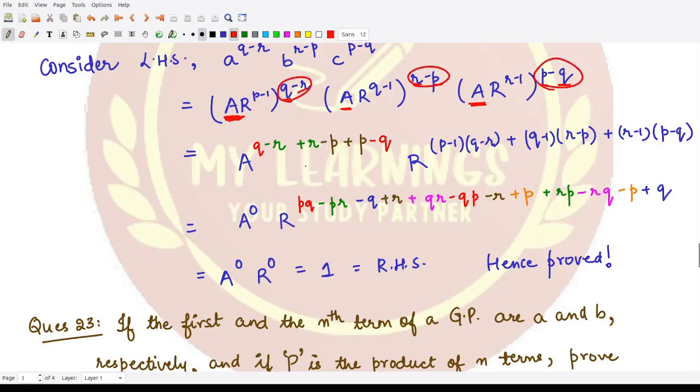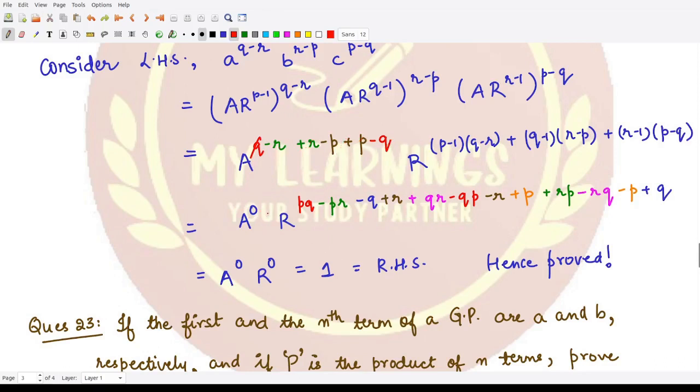So that you would have A raised to power q minus r plus r minus p plus p minus q, right? And here you can very easily see this q and this q cancels, this r and r cancels, this p and p cancels. So therefore A raised to power becomes 0, right? And what is something raised to power 0? It is always equal to 1, correct?